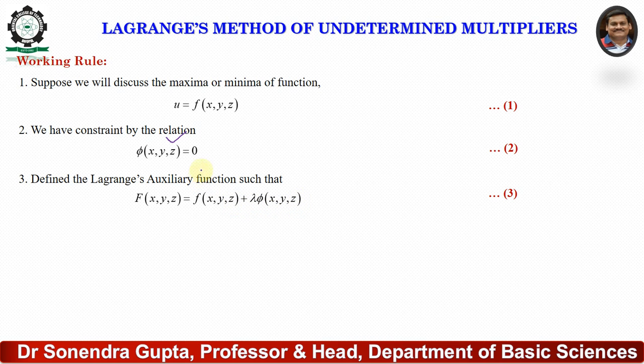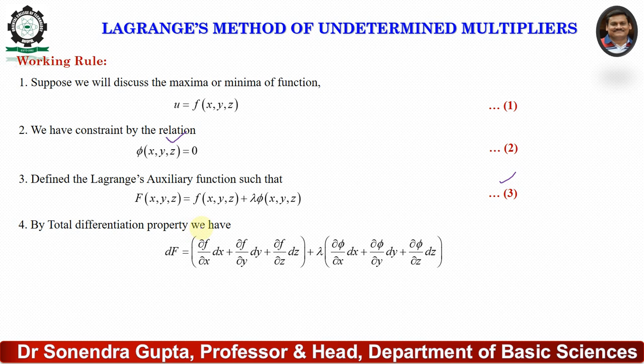Similarly, if we have more constraints, then it is lambda 1 phi 1 of x y z plus lambda 2 phi 2 of x y z and so on. Say this is equation number 3. By the total differentiation property, as discussed in the previous lectures, dF equals del f upon del x dx plus del f upon del y dy plus del f upon del z dz, and similarly for lambda, del phi upon del x into dx, del phi upon del y into dy, del phi upon del z into dz.